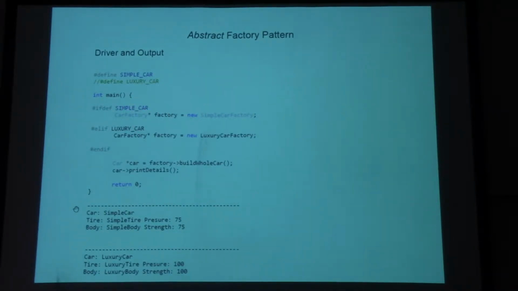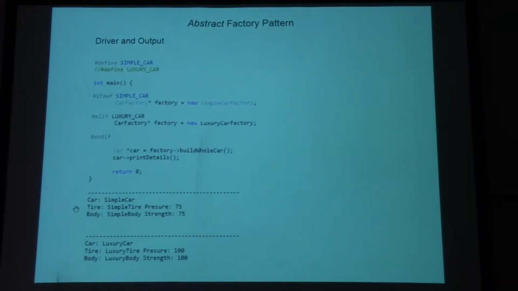Again, I used a preprocessor just to split them based on the pound ifdef. Once I did that, you can see the output of the car: the same code, the same factory, although a different instance of the factory, produced a car that was different. Abstract factory. All right? Questions?